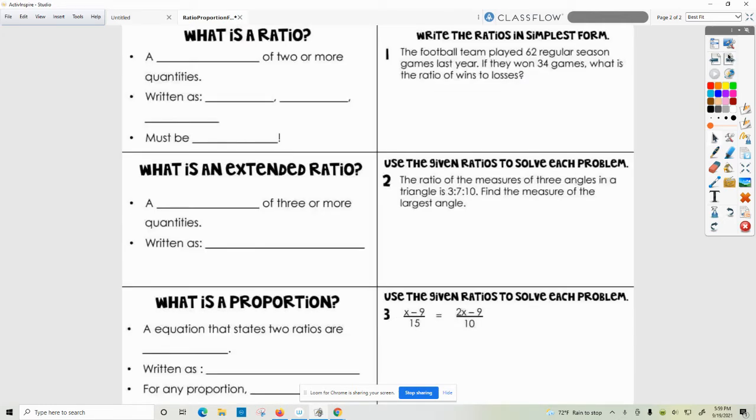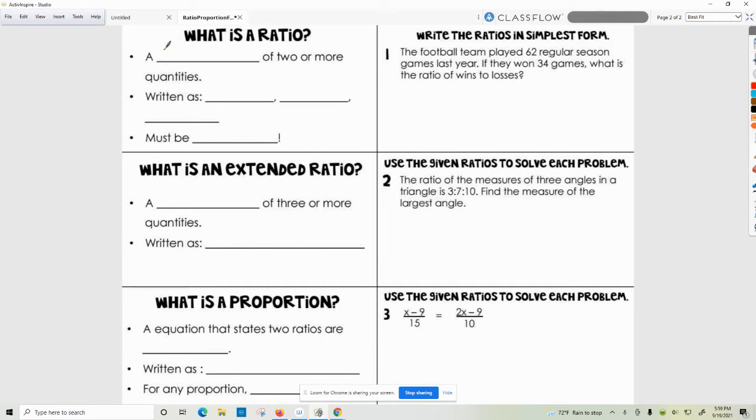A ratio is a comparison of two or more quantities.